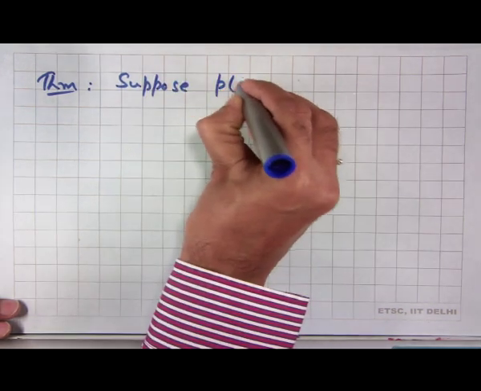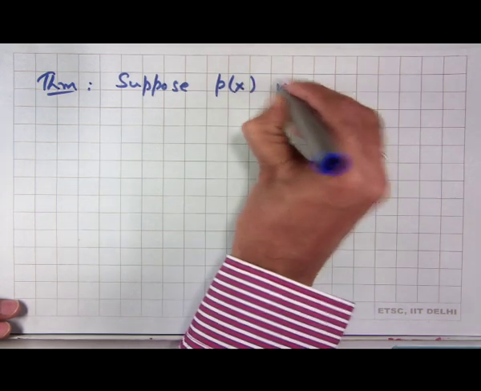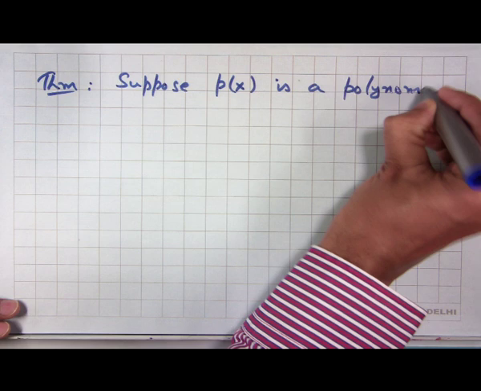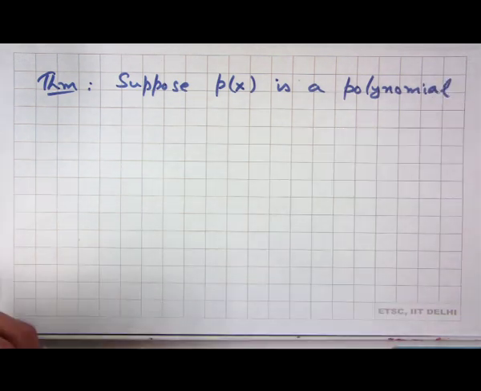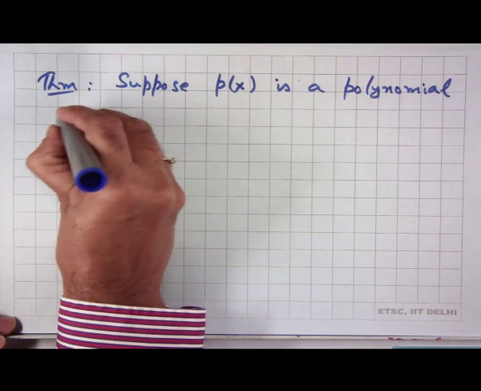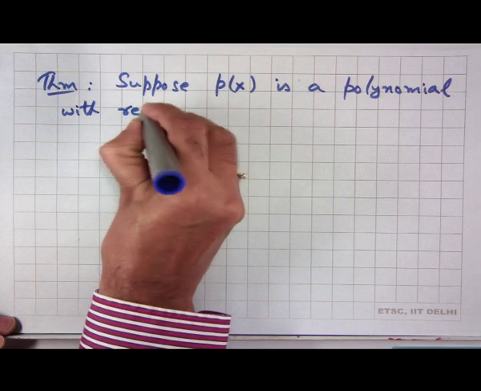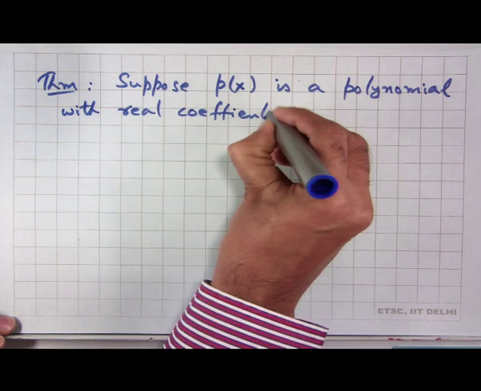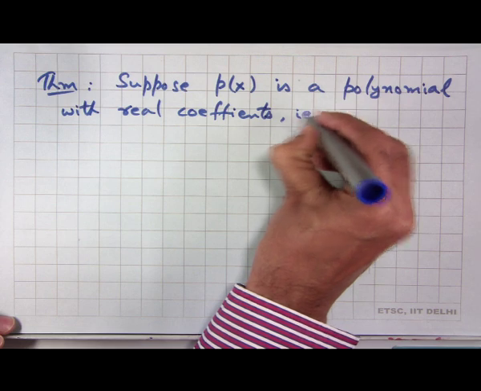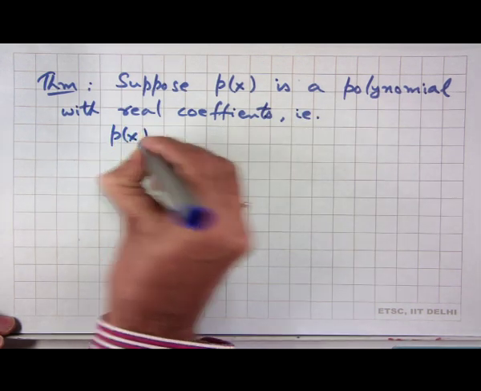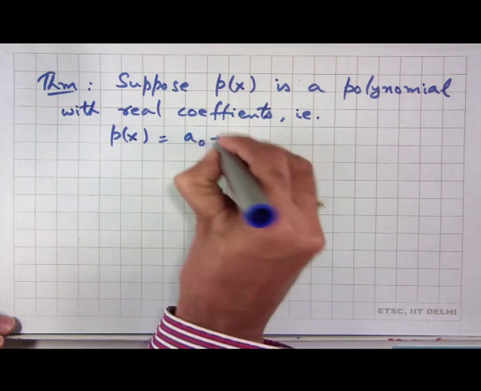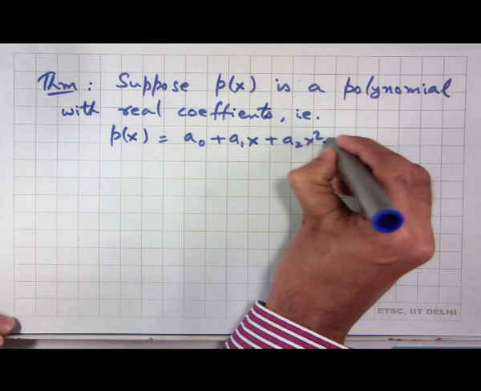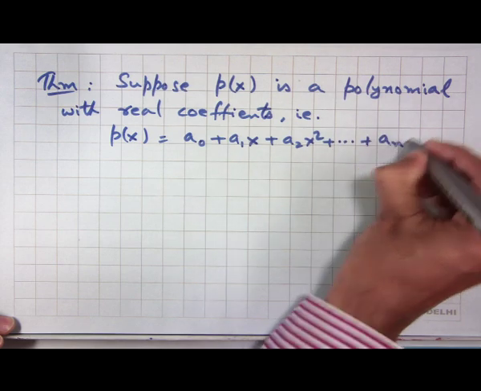Suppose p of x is a polynomial with real coefficients, that is p of x is of the form a 0 plus a 1 x plus a 2 x square, and so on up to a n x to the power n.